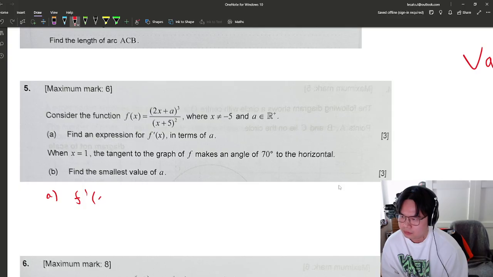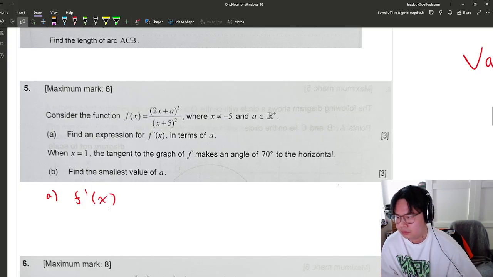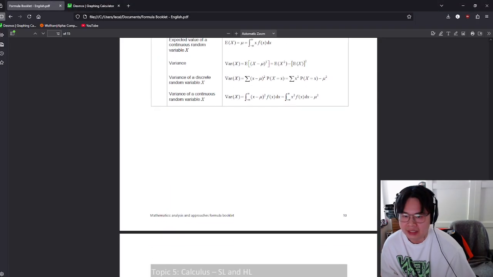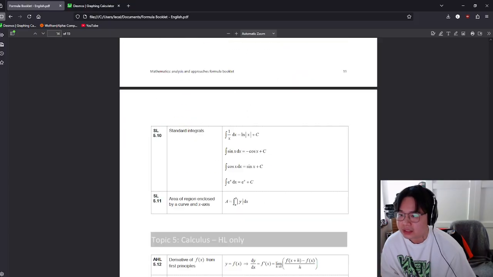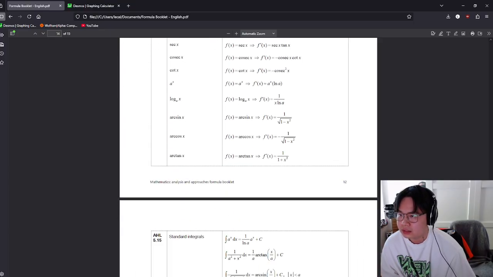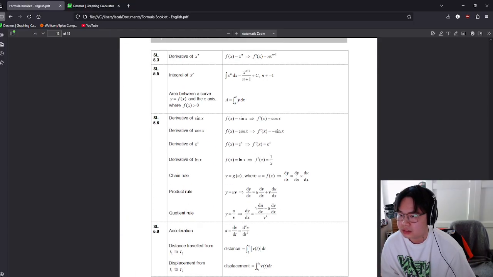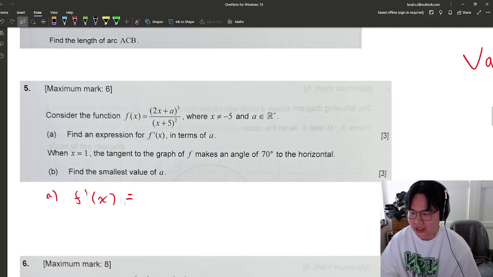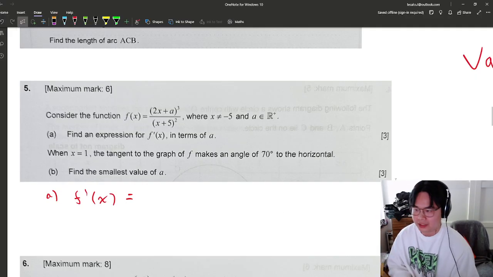I think the derivative of the top one times the bottom one first, subtract the other way around. I always forget the order.